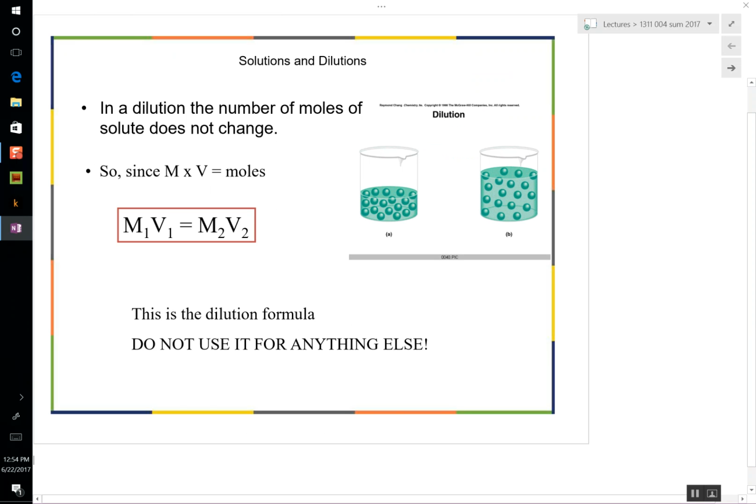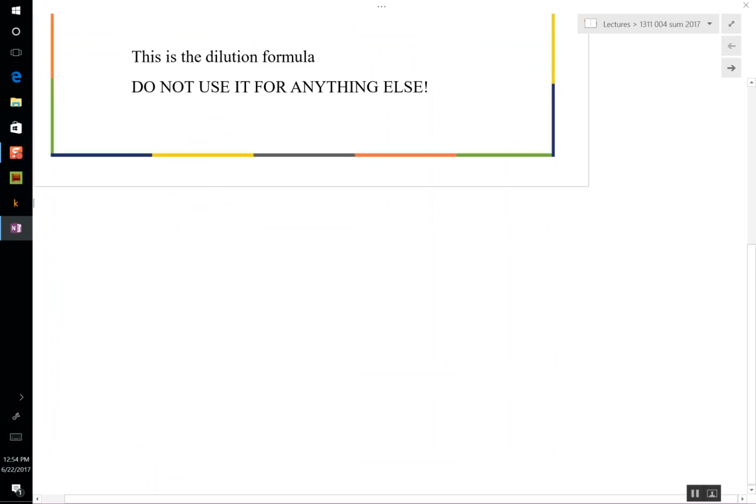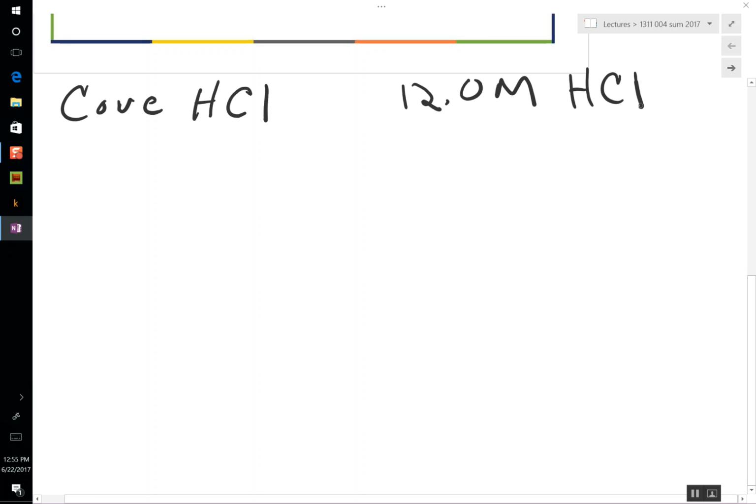Okay, dilution. Did they talk about dilution? You remember the formula. This is another practical problem in the laboratory, because we order concentrated hydrochloric acid, which is about 12 molar.